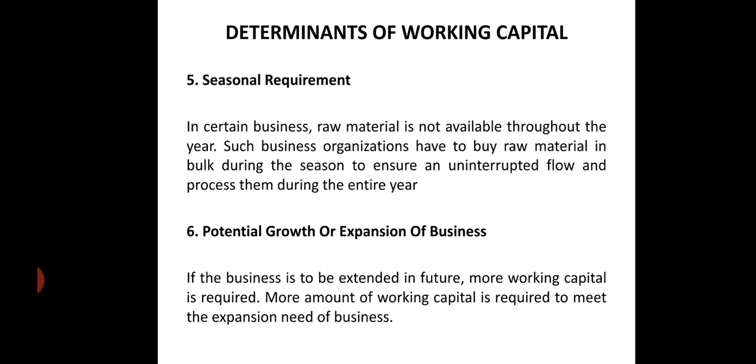Maybe the woolen textile industry makes the majority of its sales during the winter season. ಮೆಜಾರಿಟಿ ಅವ್ರು ಉಲ್ಲನ್ ಪ್ರಾಡಕ್ಟ್ನ ಸೆಲ್ ಮಾಡ್ತಾರೆ. So when winter comes, they have to invest more in working capital in order to sell their products more in the season of winter. So seasonal variations in requirements also influence the amount of working capital.